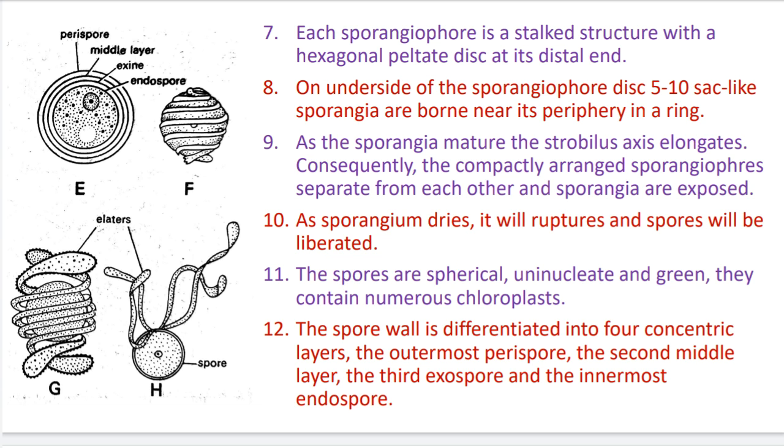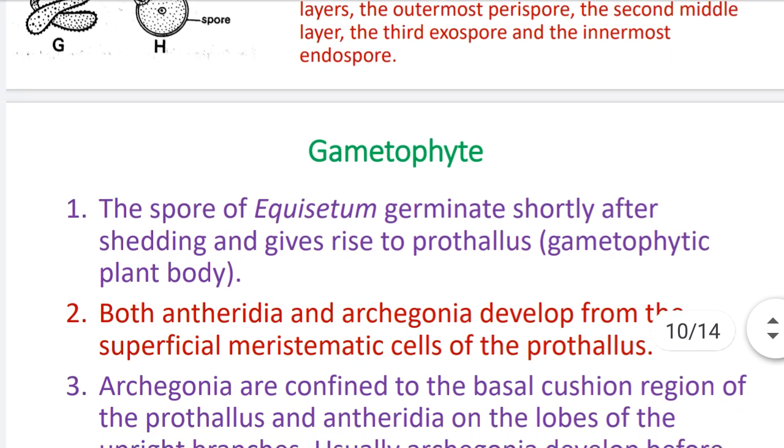And in diagram H, the elaters are very small, like paraphysis or ribbon like structures, and these elaters are useful for the dispersion of the spores. They work like a parachute for dispersal of the spores. So these are the elaters attached to the spores.